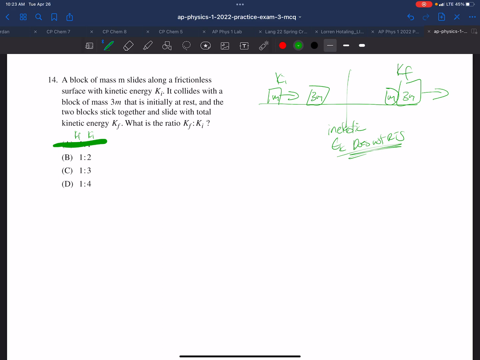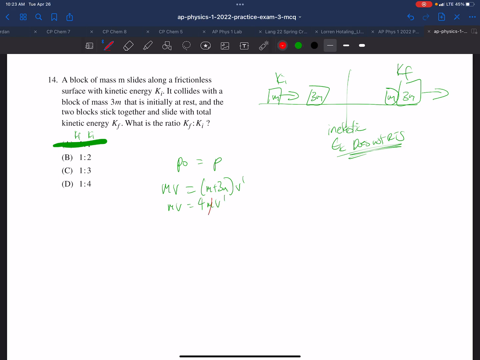If we want to verify this for ourselves, we have our initial momentum equal our final, and we have mv, and afterward we have m plus 3m times the new velocity. So we have mv equals 4mv prime.